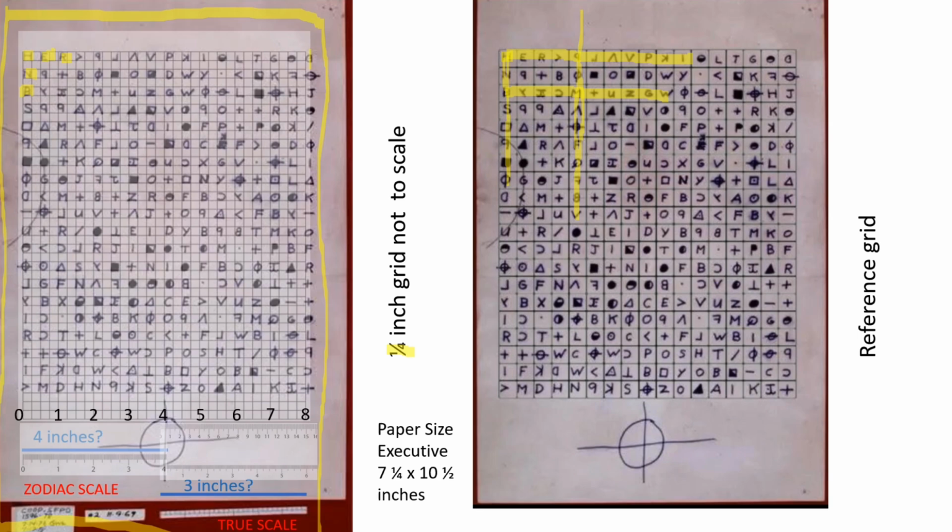And even if Zodiac was using, say, a smaller graph paper notepad, for example, and he only had the 16 columns, he could easily put in the last column. Anyway, that's micro detail, irrelevant.